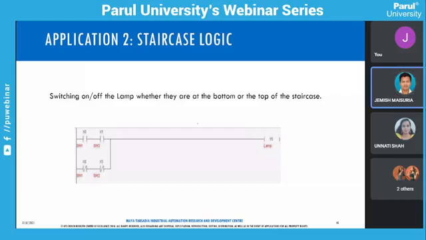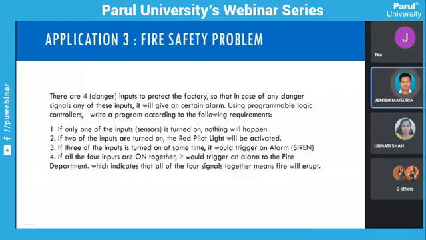Now the third application, let's say it's fire safety related, where sensors are there. If only one sensor is detected, do nothing. If two sensors are detected, you operate a pilot light, which gives an indication that something is wrong in that industry.